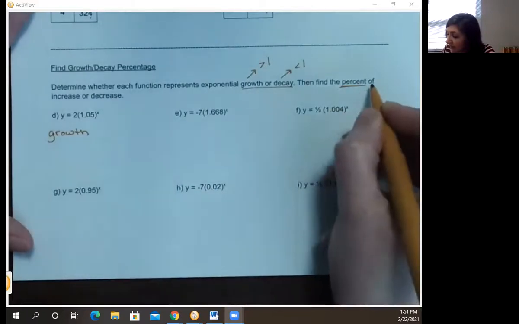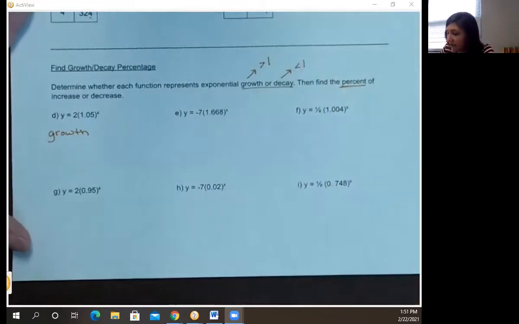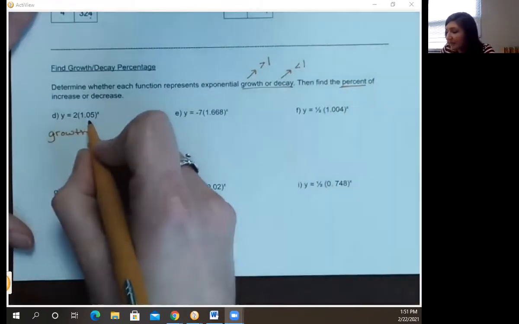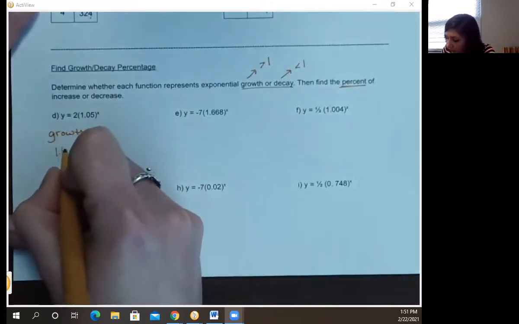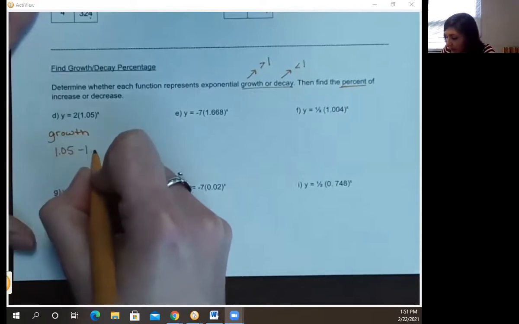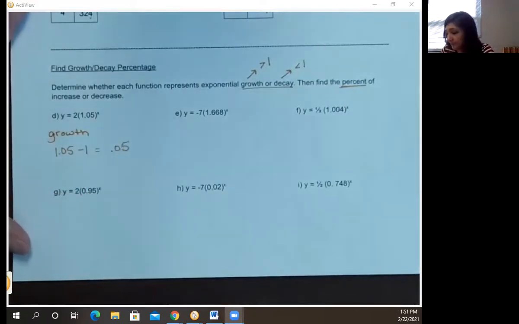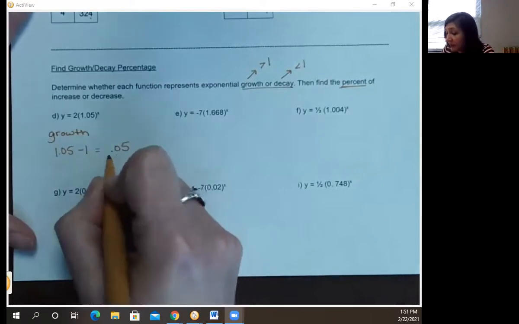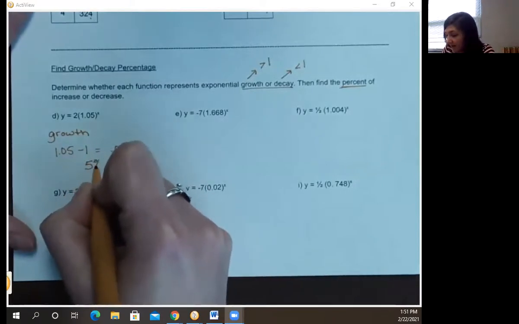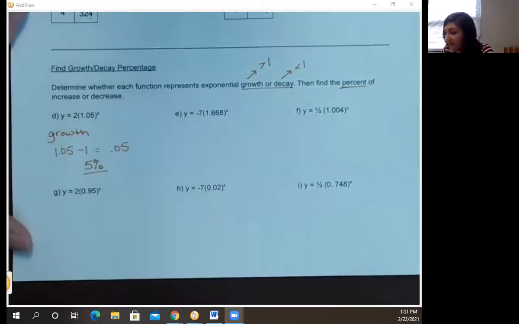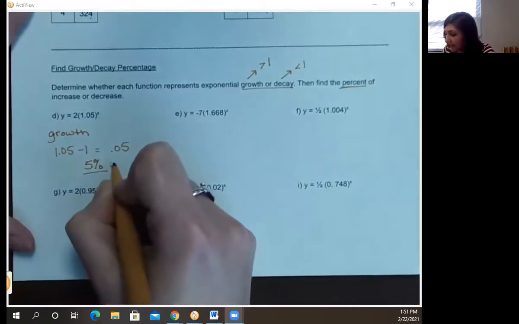And then to find that percent of increase or decrease, what I'm really asking is what's the change from 1? So 1.05 has a 0.05 difference from 1. 0.05 as a percent would be 5%. So this is a 5% increase.